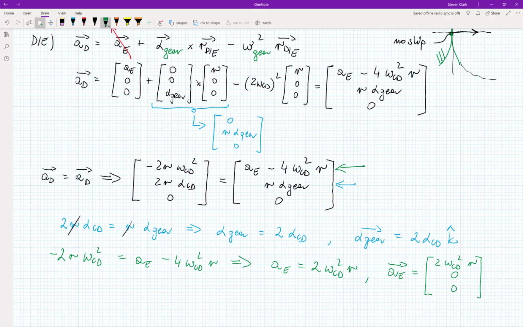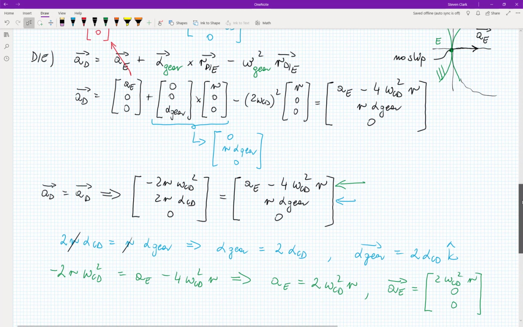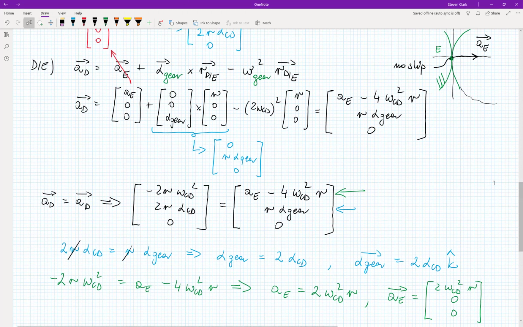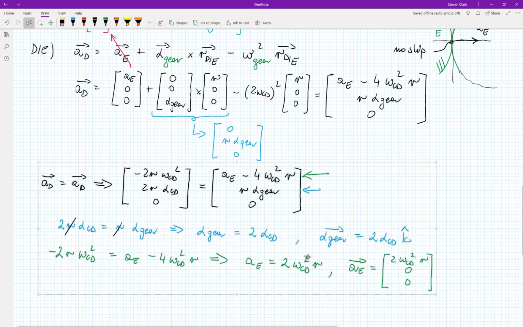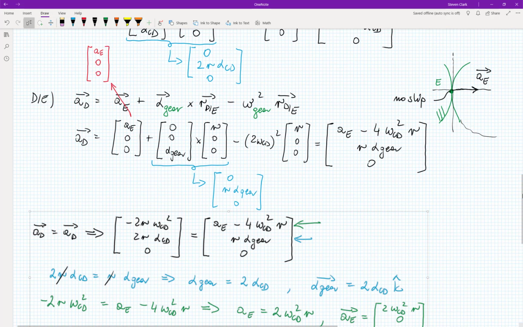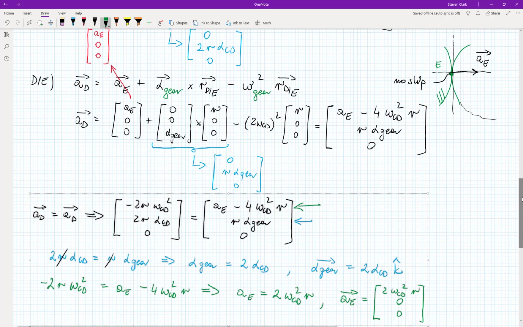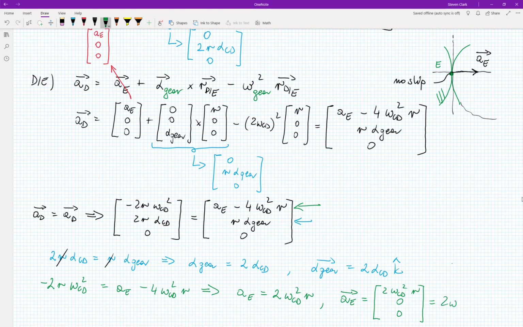Yeah, exactly what Nathan observed earlier. You can see it here. Oh, sorry, guys. I must make these ones smaller. Now I think that everything will fit in one screen. So the direction of AE is this: 2 omega CD squared R I.